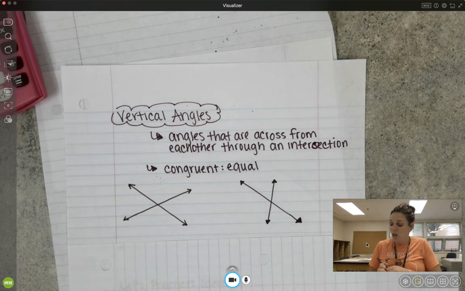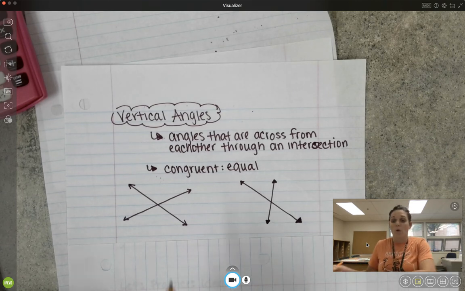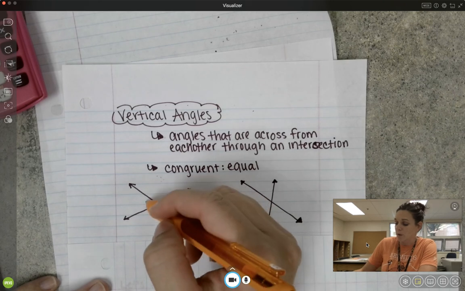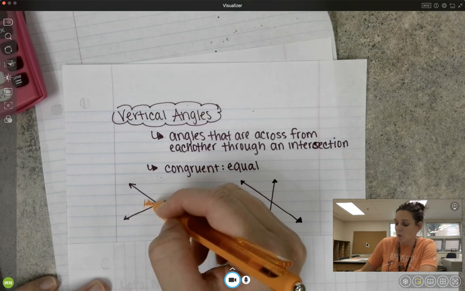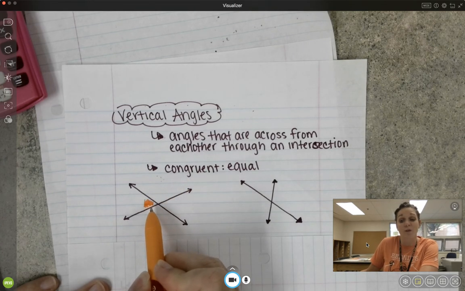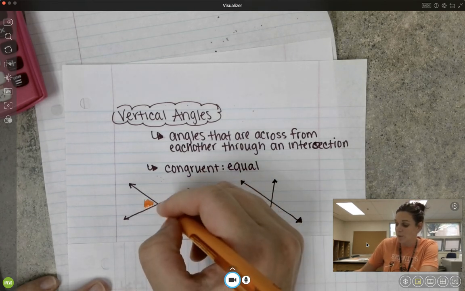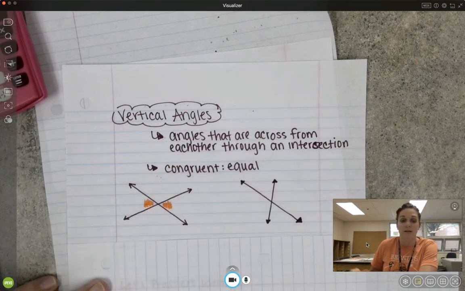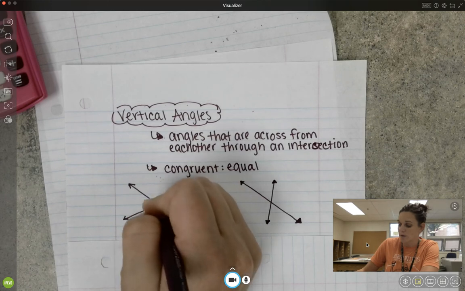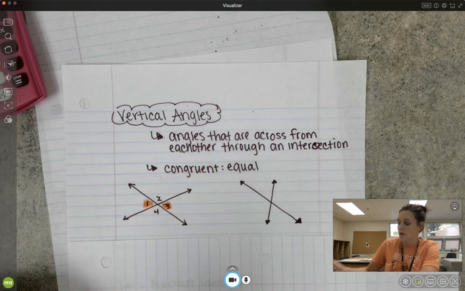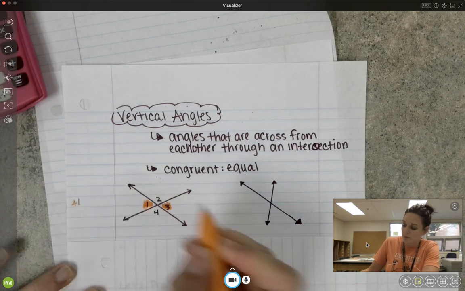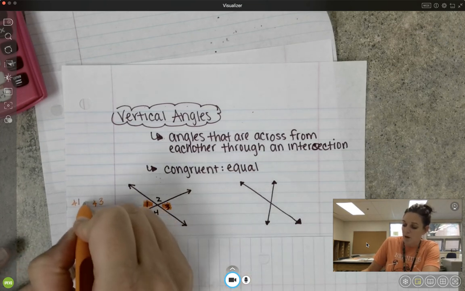All right, so in this case, when you have intersecting lines, you have multiple vertical angles. Right, so for instance, I'm going to color this one in orange. So his vertical angle, the angle that is across from him, would be all the way here to this right-hand side. All right, and we can label this 1, 2, 3, and 4. So in this case, angle 1 and angle 3 are congruent.